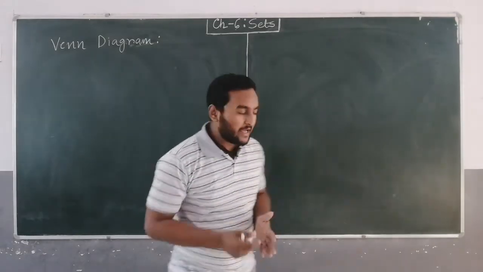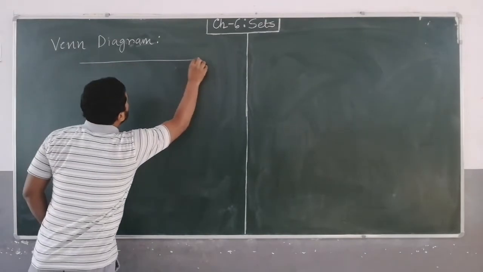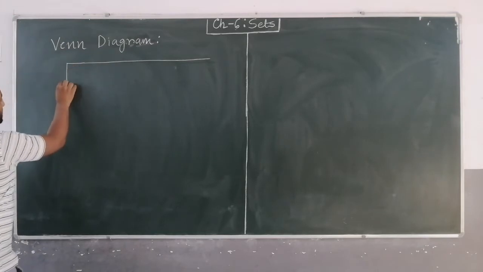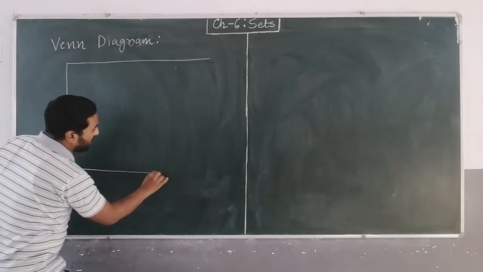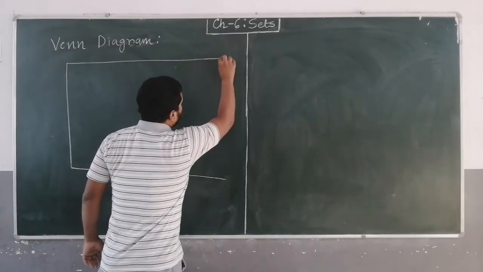In a Venn diagram we use a rectangle to show the universal set. Suppose this is the rectangle and it is representing the universal set.